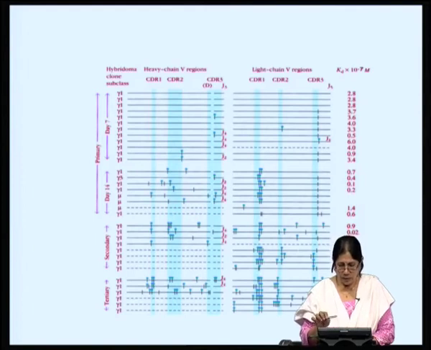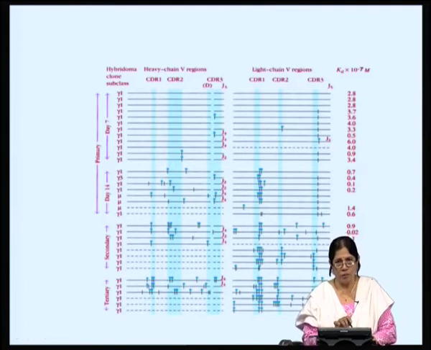Interestingly, when hybridoma were established from spleens of mice that were immunized 14 days prior, which would mean that this would be the secondary immune response, you can see very clearly that the light chain has accumulated a large number of mutations. Each one of these, for example, cell line number 1 has 2, the second cell line has 2, 3 mutations in 3 and so on.